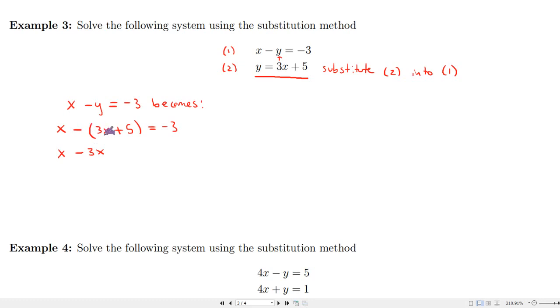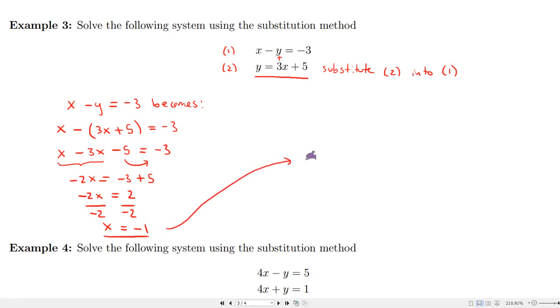So that becomes negative 3x and negative 5. And combine. So these two combine to give us negative 2x. And we can add the 5 over here, so we will have negative 3 plus 5. So negative 2x is equal to positive 2. Dividing by negative 2, we have x is equal to negative 1.